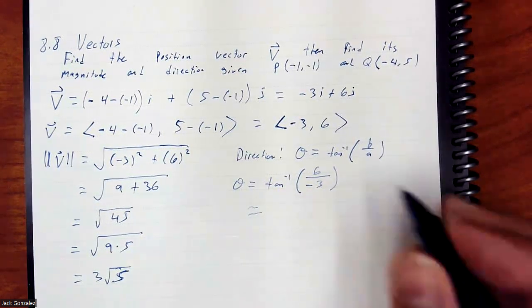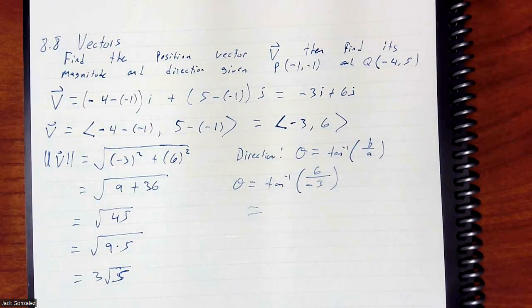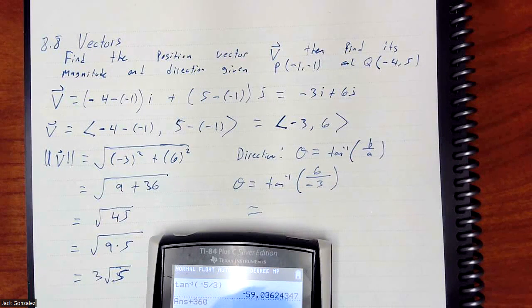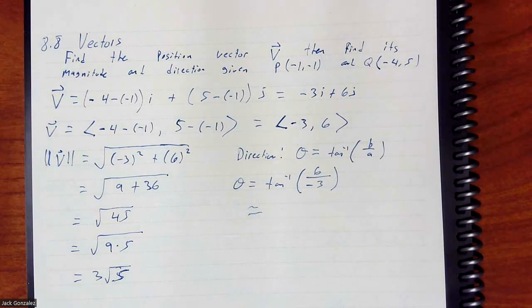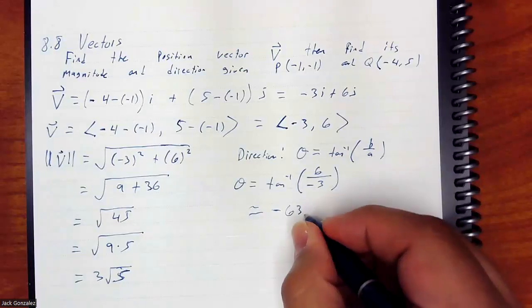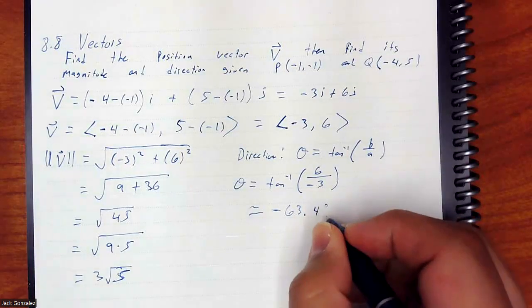So calculator time. What is that? -2, right? So -63.4 degrees.